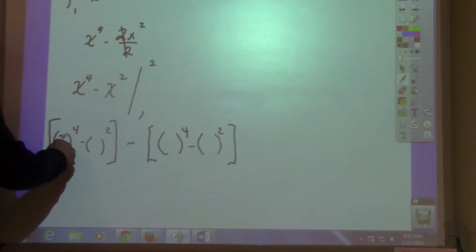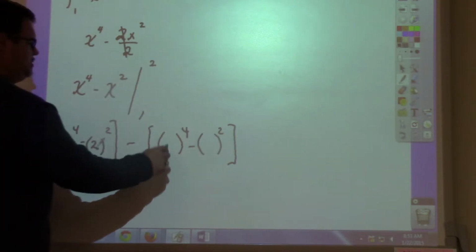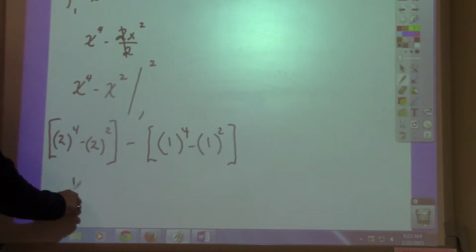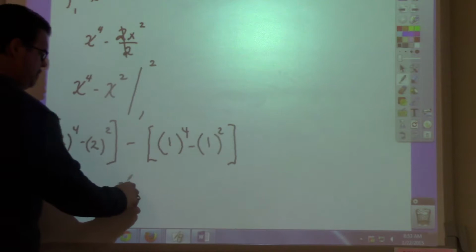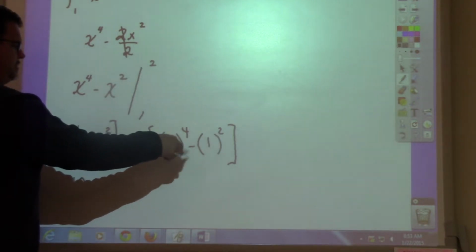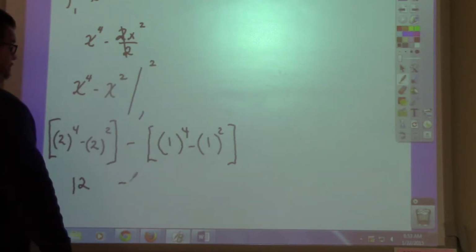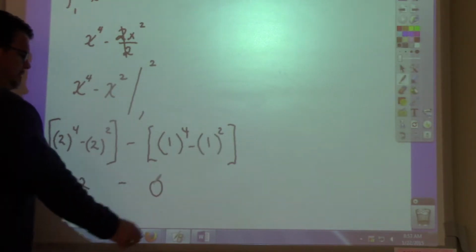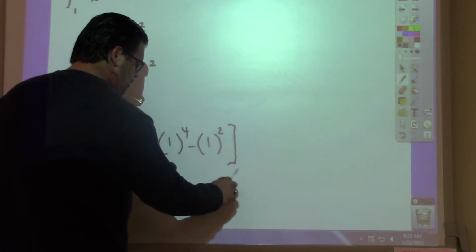And 2's go here and 1's go here. And 2 to the 4th is 16 minus 4 is 12, minus, what happens here? That's not rhetorical. Interaction needed. 0. Thank you. And that's equal to 12.